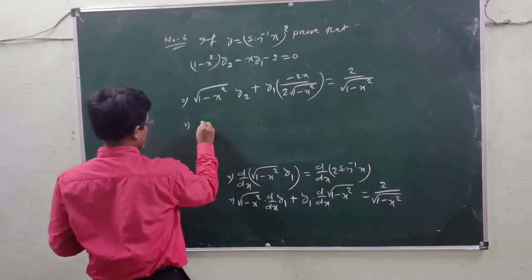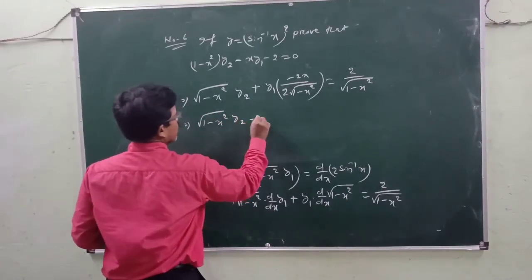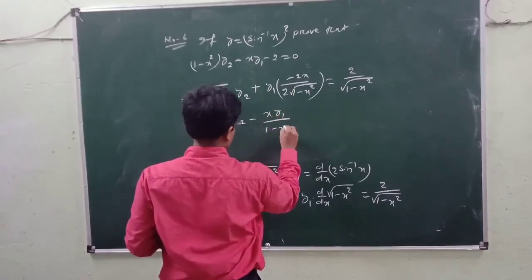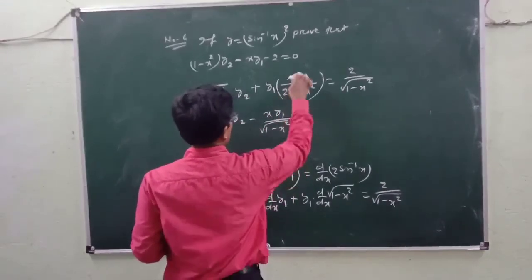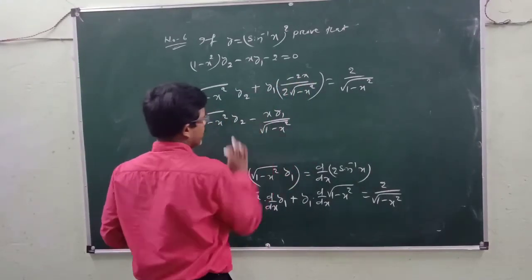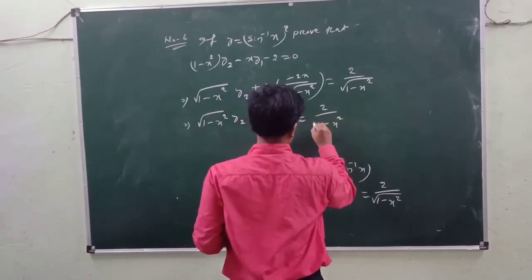Or that gives you square root of 1 minus x square into y2, then minus x y1 by square root of 1 minus x square, because the 2 and 2 both are cancelled, and negative with positive, so the product will be negative, that equal to 2 by square root of 1 minus x square.